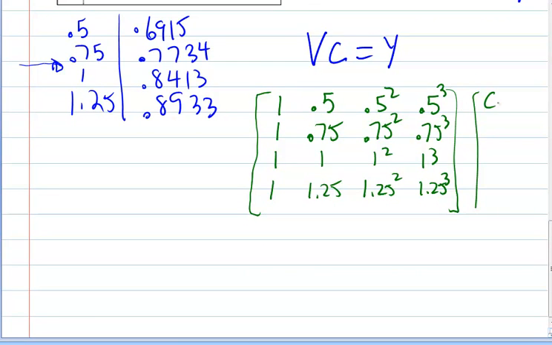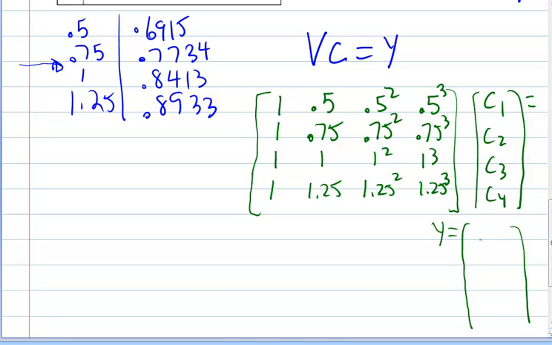And of course C is going to contain 4 values, 4 unknowns, and the equal sign here, I can't squeeze y in there, but y is going to be the values that I end up with when I substitute those values of x, and these are my table values for y, going right down the column.